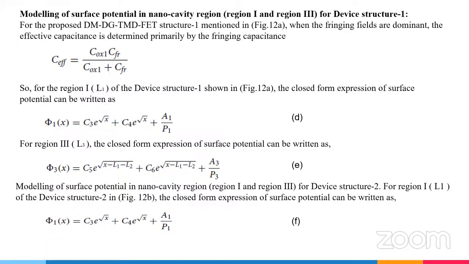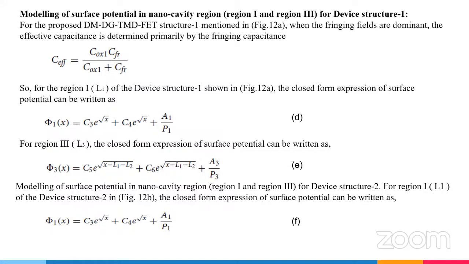To calculate the fringing capacitance, there are some mathematical calculations that we have done, and after this we have come to these equations. For region 1, the closed form expression is phi1 equal to C3 e to the power x, C4 e to the power minus x, plus A1 by P1. And in region 3, the closed form of surface potential is also similar.